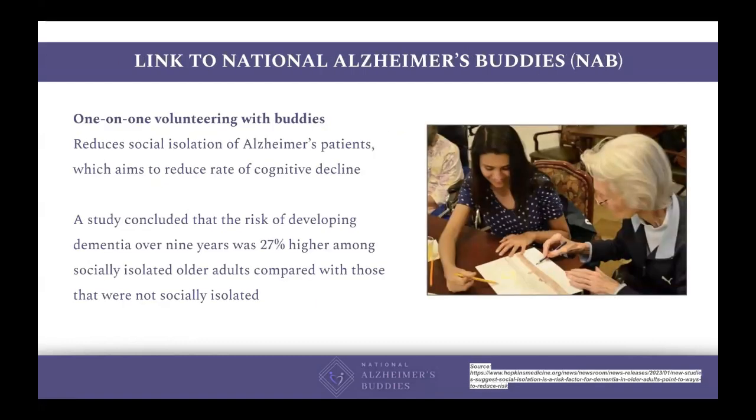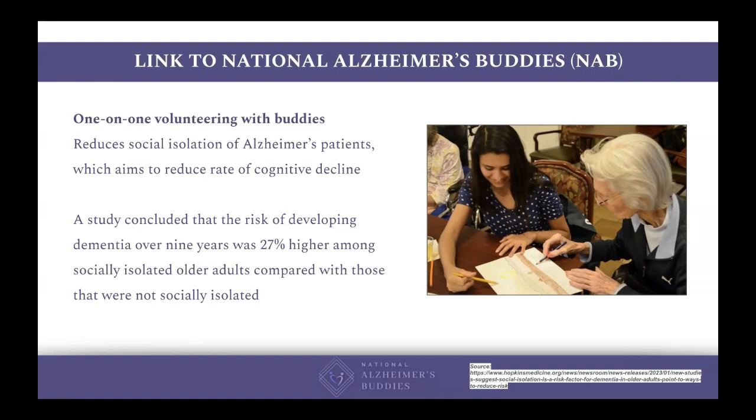So how does this all link back to National Alzheimer's Place, the organization you're going to be volunteering with? Our main aim is to reduce the rate of cognitive decline in dementia patients. A study showed that the risk of developing dementia over 9 years was 27% higher among socially isolated adults compared with those who were not.